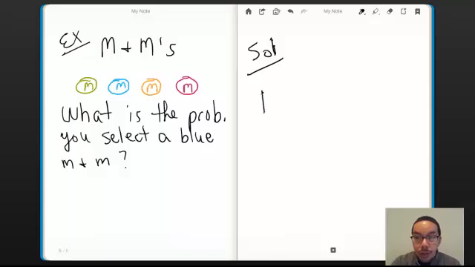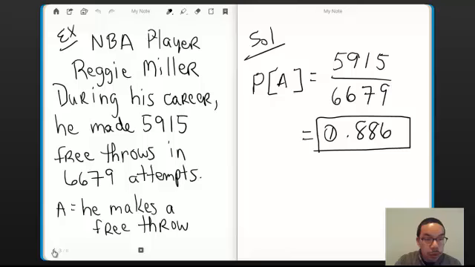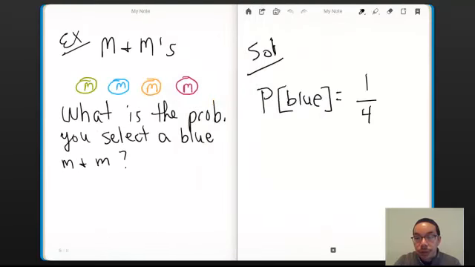The probability of getting a blue M&M is 1 out of 4. Make sure we understand why we chose that: the classical approach says the number of ways A can occur divided by the number of different simple events. Therefore, it's 1 out of 4.